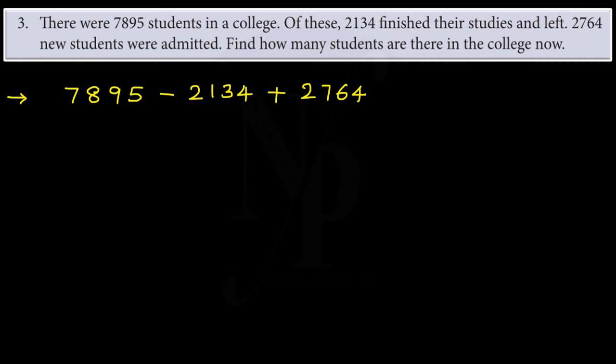Let us subtract the second number from the first number. So let me rewrite the numbers. 7,895 minus 2134.